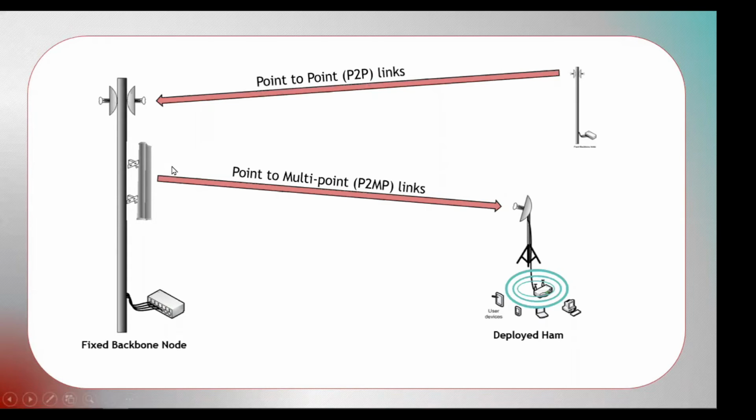And in this case, this illustrates a link down to a deployed ham who is at a shelter or at a hospital or wherever. And because this is a sector antenna, it's actually operating in a point-to-multipoint mode. So I just want to illustrate the distinction between the point-to-point ones that we just modeled and the point-to-multipoint, which is what we're going to model here in just a minute.